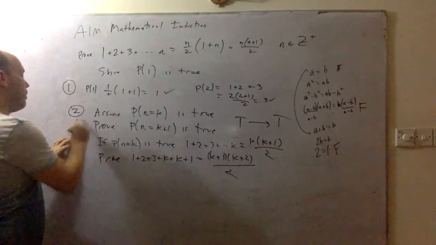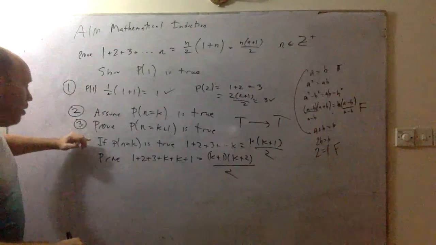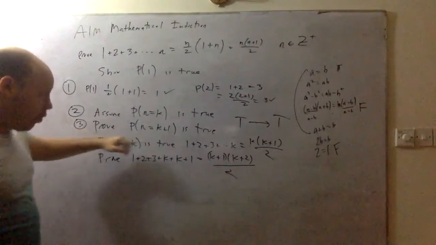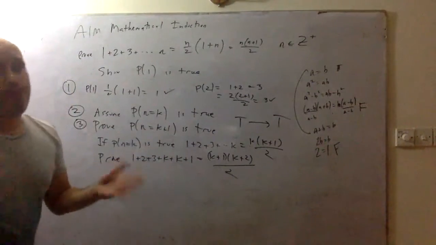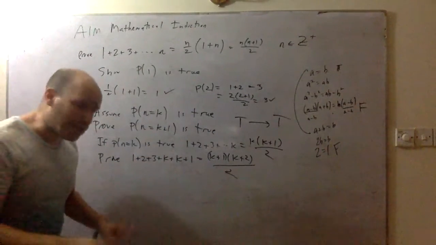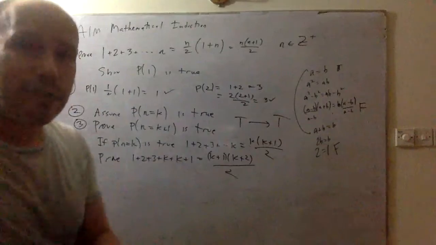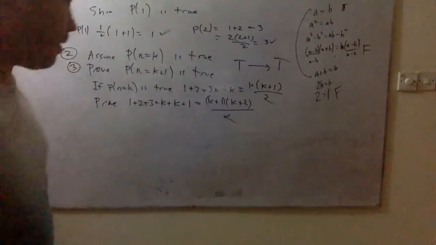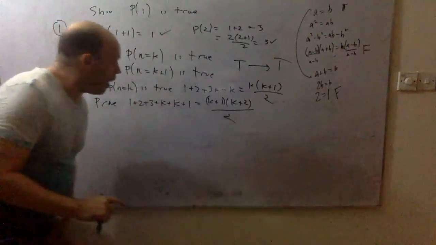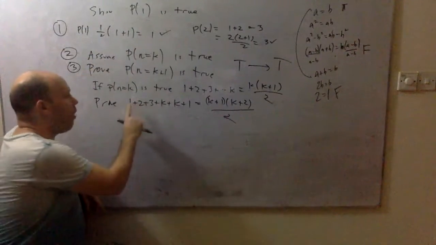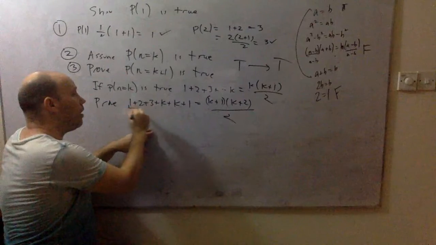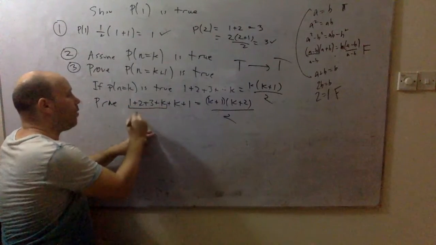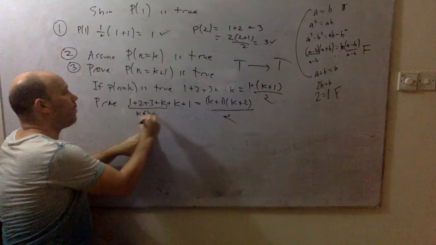Okay. This is our assumption. We're assuming that this is true. We need to prove this. How do we deal with this? What you're going to do is manipulate the left side to look like the right side. So I look at my left side, and I have 1 plus 2 plus 3 up to k. Well, the assumption was that this equals k times k plus 1 over 2.